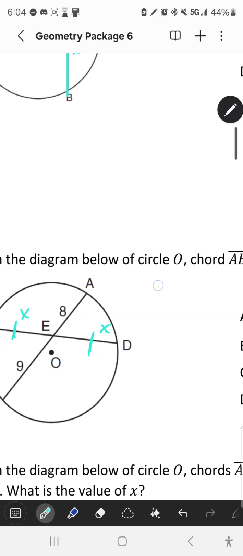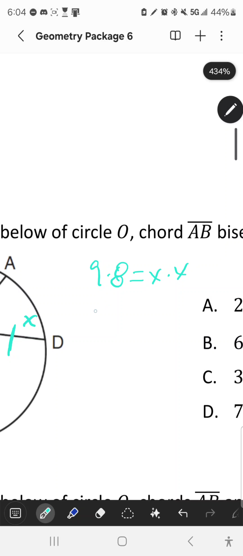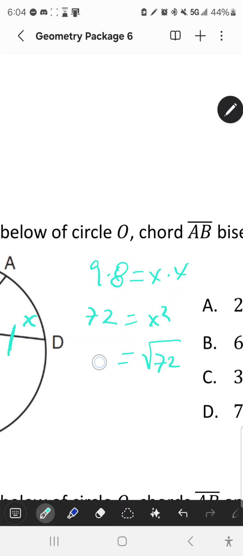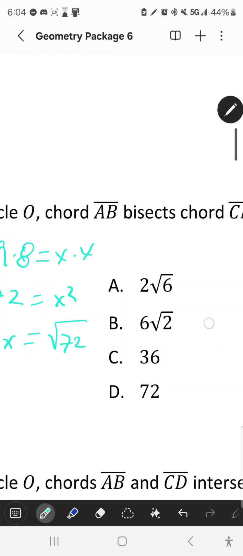So now we can apply the same theorem. So 9 times 8 is going to be equal to x times x. 9 times 8 is 72, so that equals x squared. So x equals the square root of 72, which is the value of CE.